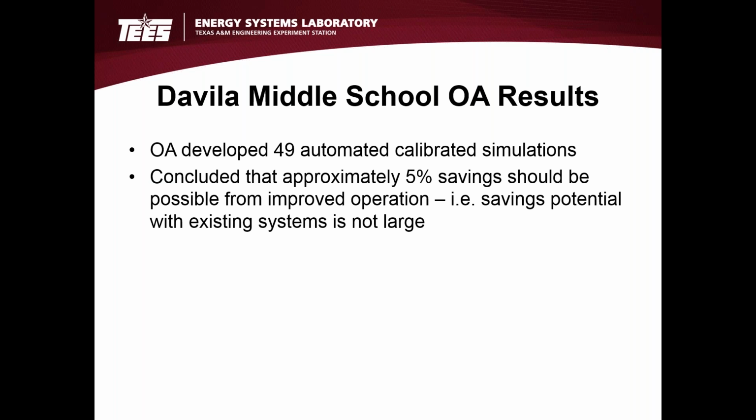For example, we said it had average window area, and so it started off using a variety of different window sizes, assuming that you had at one end about 15% and going up to 40% window area from an initial simulation, and then going through a calibration process. The mean of all of the savings estimates was that there was probably about 5% potential savings from some simple operational improvements in this building.